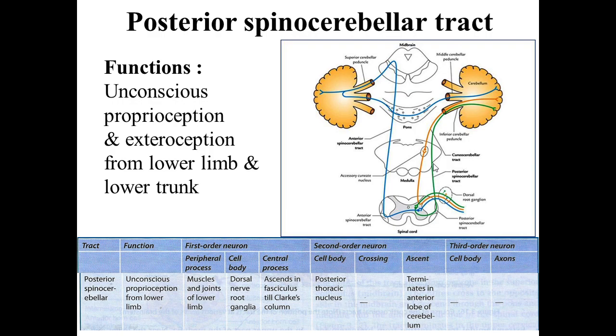So the posterior spinocerebellar tract conveys unconscious proprioception and exteroception from the lower limb and lower trunk, and it is concerned with the fine coordination of the individual lower limb muscle.